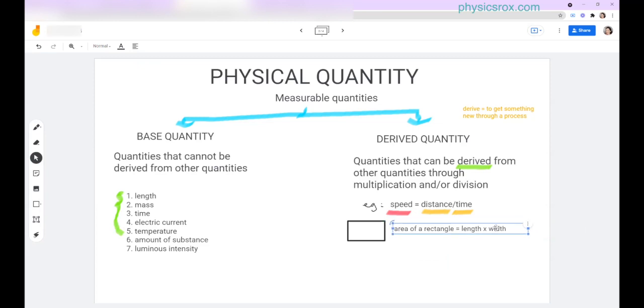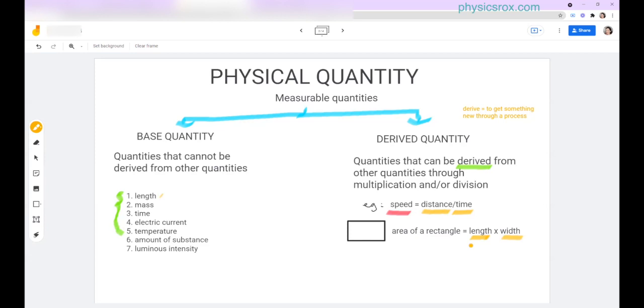Then you see the formula. This also involves different quantities. You have length, which you can measure. Width is actually the same kind of thing as length, just a different name.